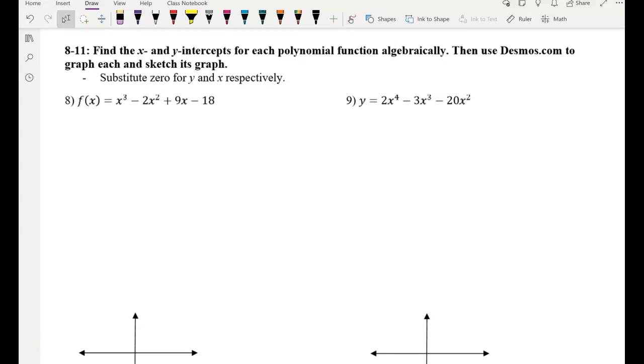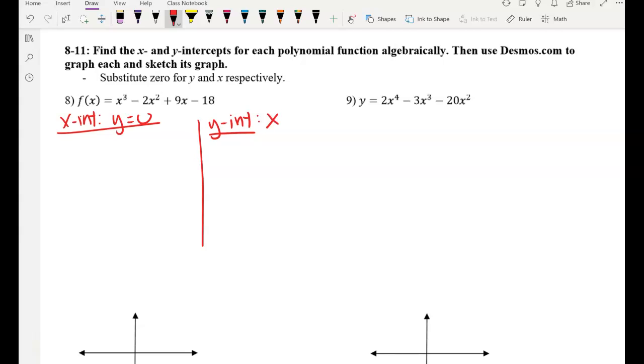X and y-intercept. To find the x-intercept, students, y must equal 0. So x-int: y equals 0. I'm going to make the other line y-int: x equals 0.